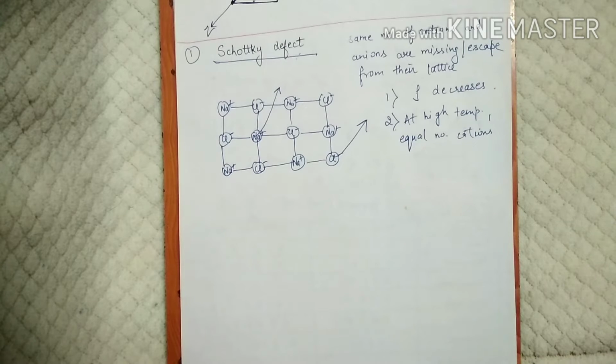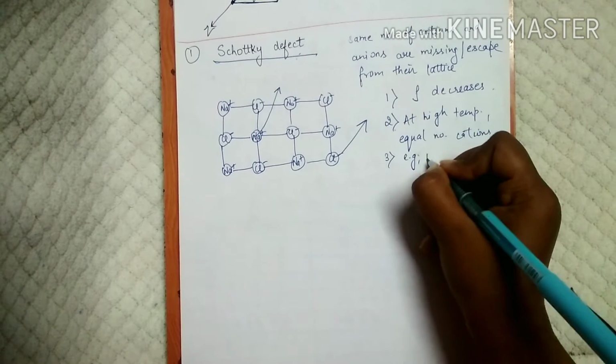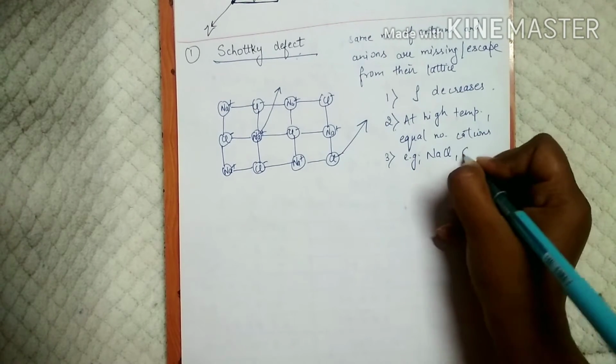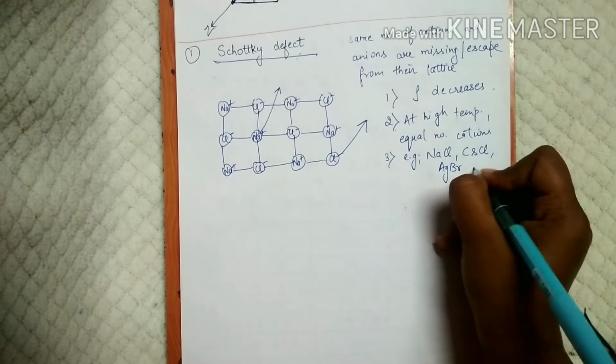That is, if the temperature is increased, the cations and anions are going to escape, and if they are equal in number, then that type of defect comes under the category of Schottky defect. Examples are NaCl, CsCl, AgBr, etc.